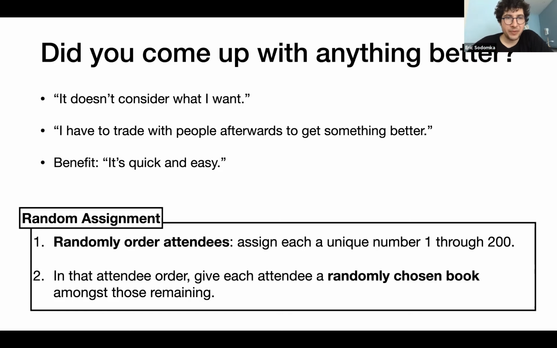Okay, and did you come up with anything better? We heard from a number of people this idea of partitioning the books and asking people what category they wanted, or Alessandro said, let's just ask them what books they wanted and then try to allocate based on that.